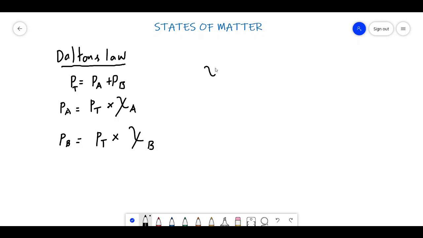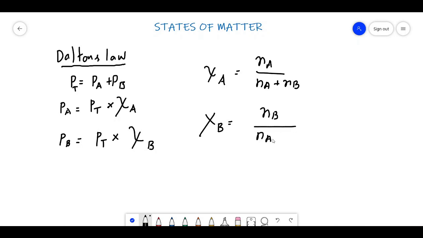Mole fraction of A is the number of moles of A by number of moles of A plus number of moles of B. And mole fraction of B is the number of moles of B by number of moles of A plus number of moles of B.